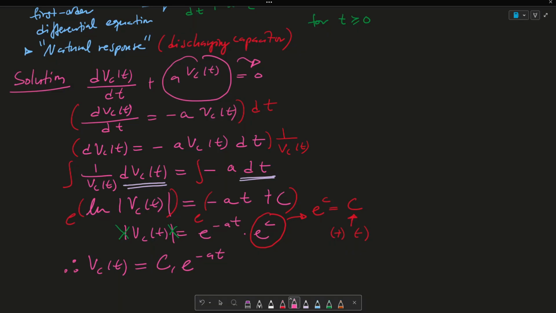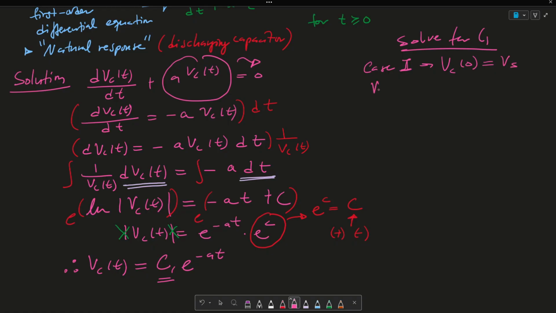Okay, so we need to then solve for this C1. In order to solve for C1, we remember our case one, where VC(0) is the initial condition, and this is essentially equal to VS, so we can use this interchangeably.